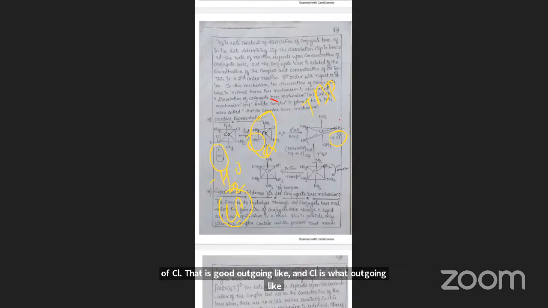Cl is lost; that is the outgoing ligand. Here the amide ion NH2 is present. So this is the intermediate complex.